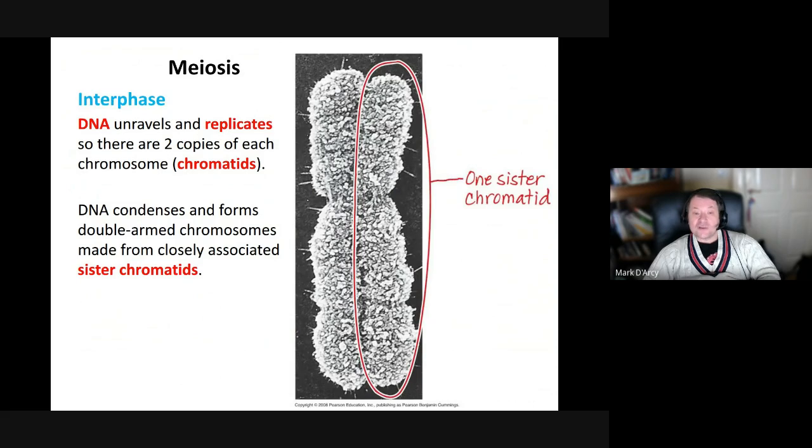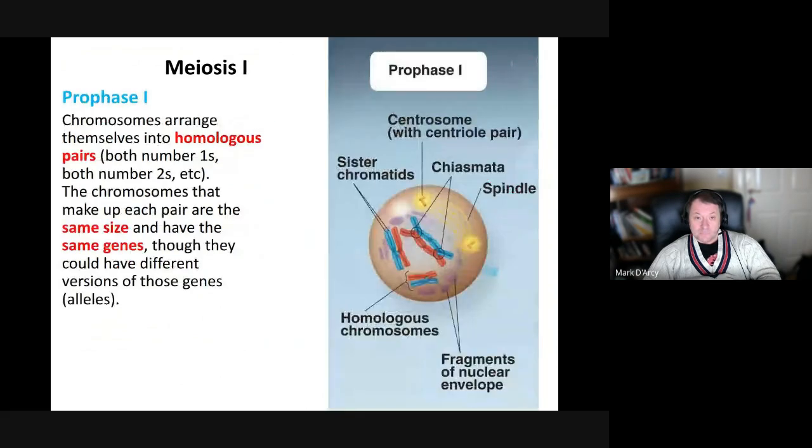Here are sister chromatids joined at the centromere. Prophase 1 is arguably the most important stage of meiosis. So meiosis 1, prophase 1. In meiosis 1, homologous chromosomes, that means all the chromosome 1s, all the chromosome 2s, all the chromosome 3s, will line up. And when they line up, they will bind. So here, for example, let's say that these two pink chromatids are sister chromatids of chromosome 1 from the mother.